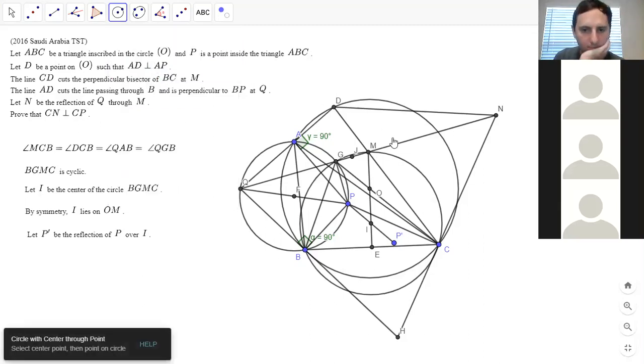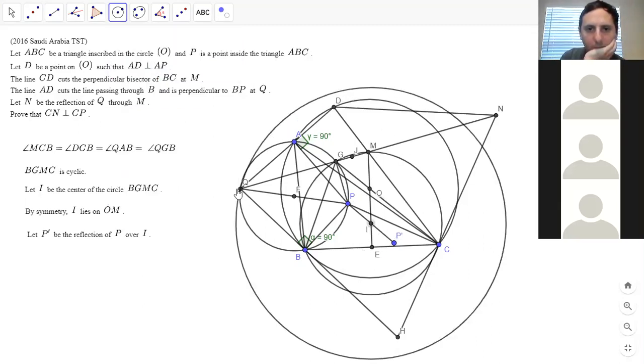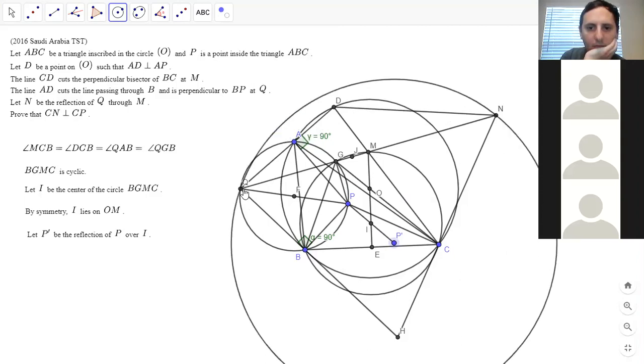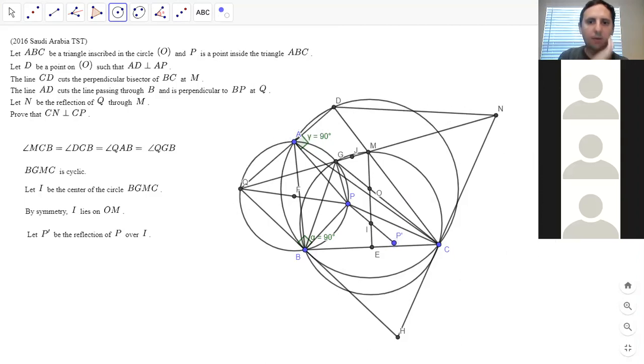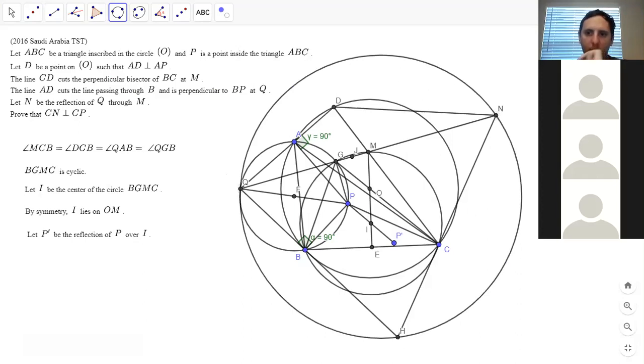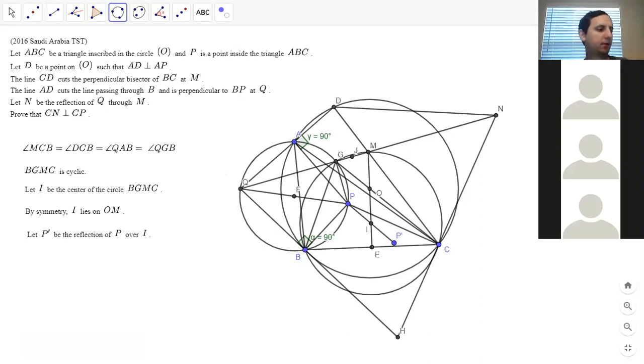So let's see. Where do we use that QM is equal to QN?